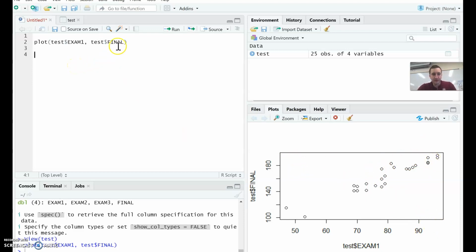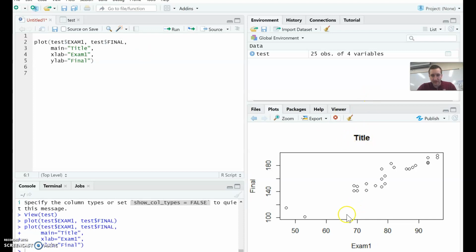Let's give it a main title. Let's give it an x-axis label. Let's give it a y-axis label. Let me run that.